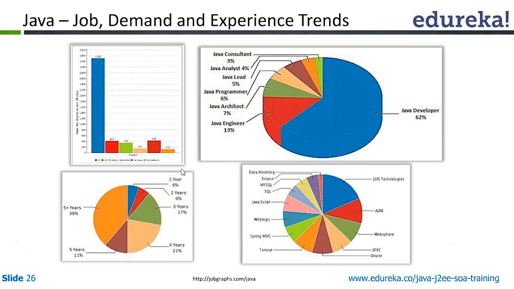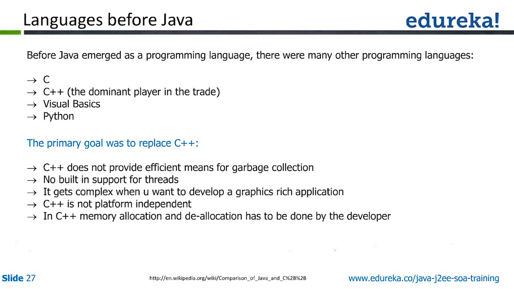These are some interesting figures which you'd like to go through. It all basically indicates one thing: there's huge demand for Java professionals in the market. So let's start our discussions on Java, by trying to see exactly what is the problem that Java was trying to solve.